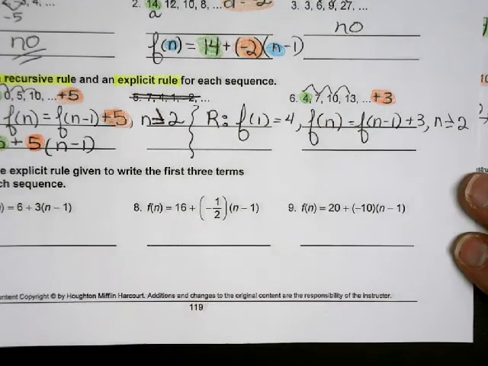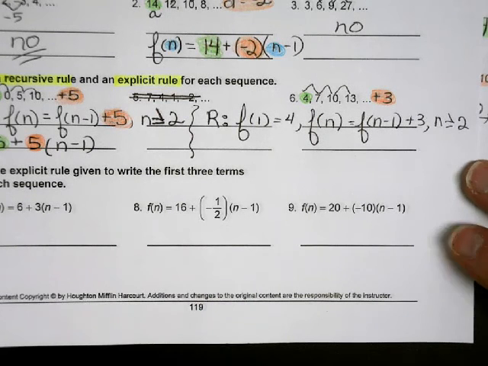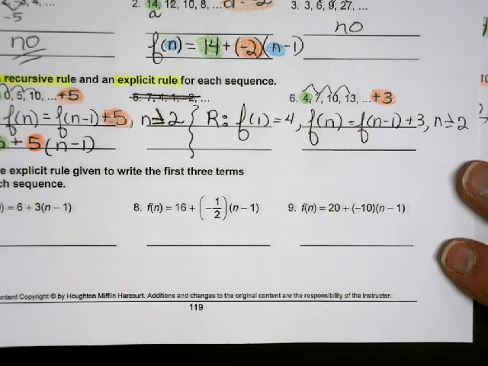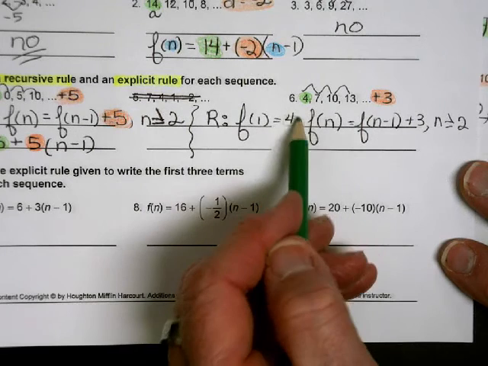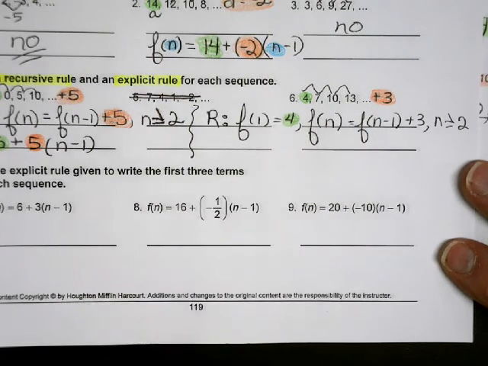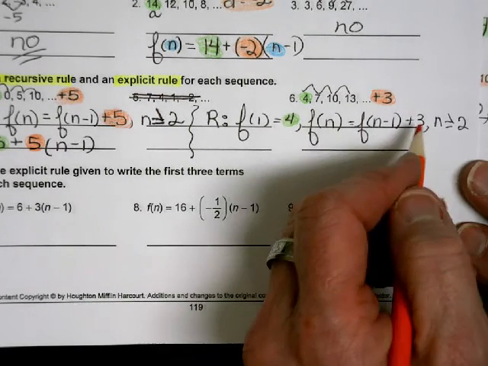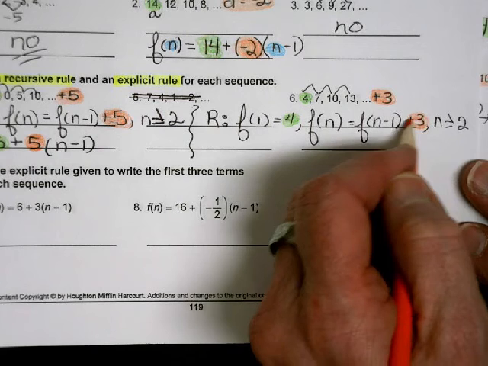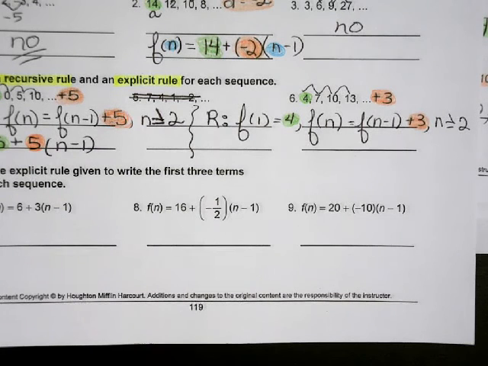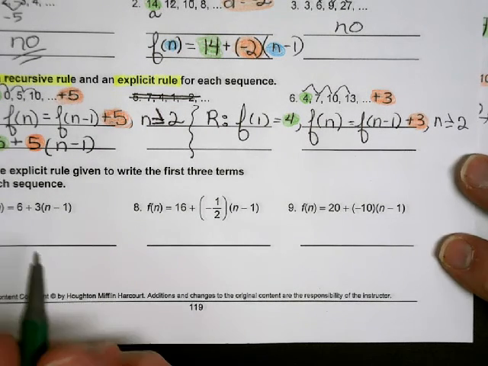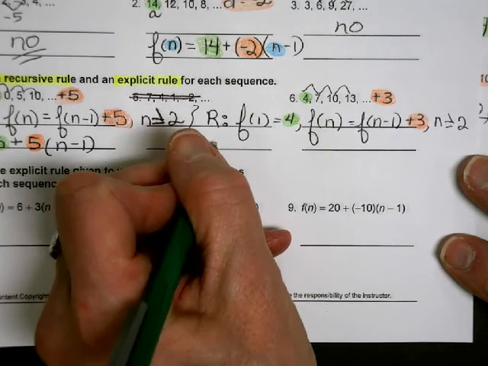We always have to say n is greater than or equal to 2 if I start with term number 1. And eventually you can feel where the parts go. It's just when it's brand new, got to see the pattern, right?